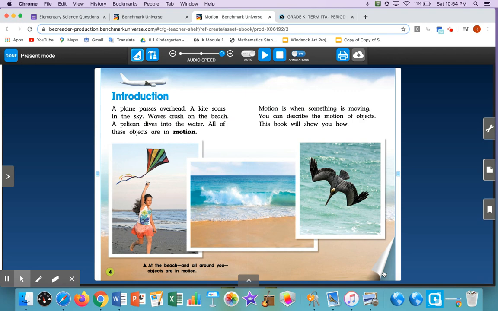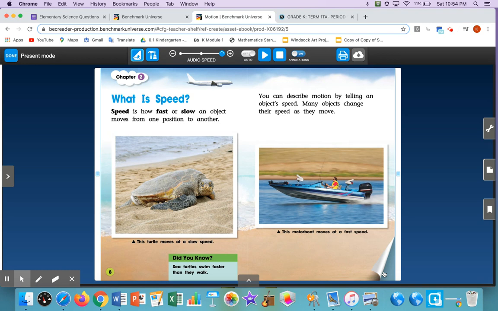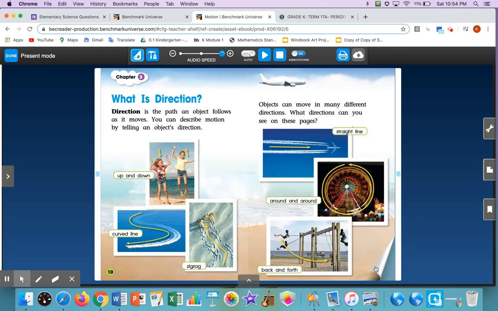So those are the words. This is the introduction. Chapter 1 I read to you. Chapter 2 I read. And now today we're going to focus on chapter 3. It says, what is direction? And here we have that bold print again. Remember I've been talking to you about it? That it's thicker and bigger than the rest of the words.